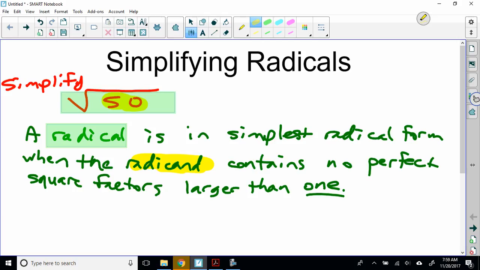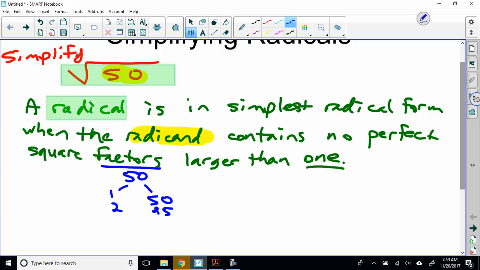So we're talking about the radicand and its factors, so we're going to have to break 50 down into its factors: 1 and 50, 2 and 25. I think there are more factors of 50 than that, aren't there? Is there another pair? 5 and 10, yeah. So a radical is in simplest radical form when the radicand contains no perfect square factors larger than 1.